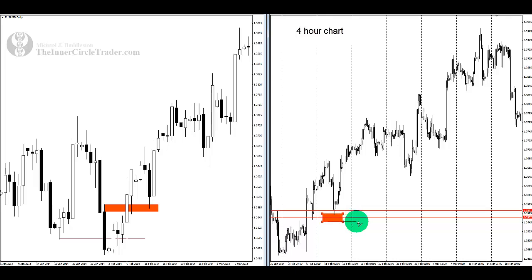Now, if you want to be a little more conservative and allow more movement, you can go with 20 pips below the mean threshold, and that would be your stop as well.